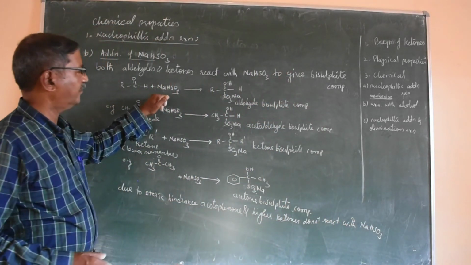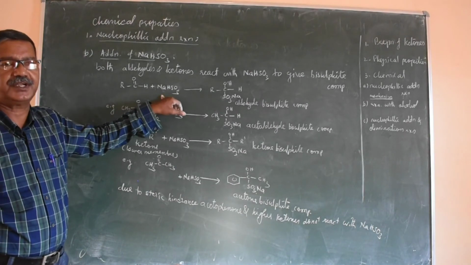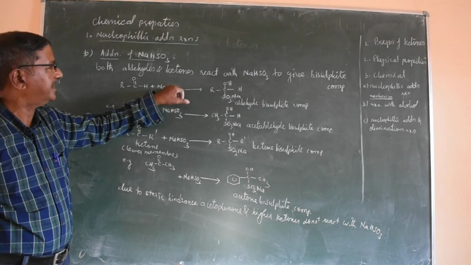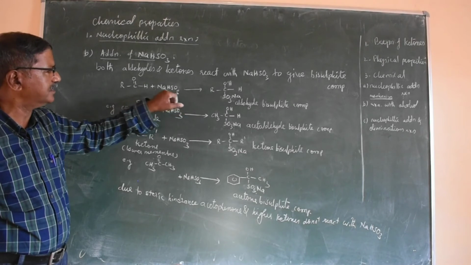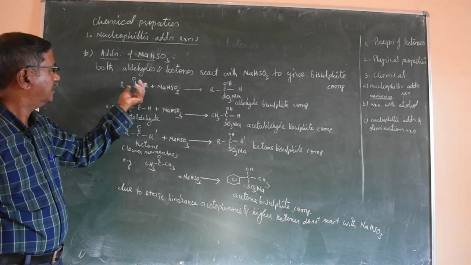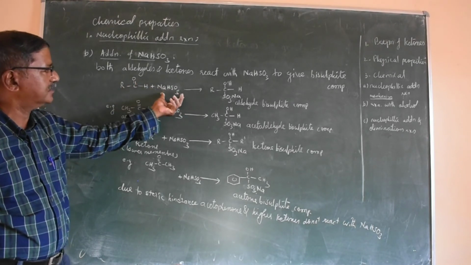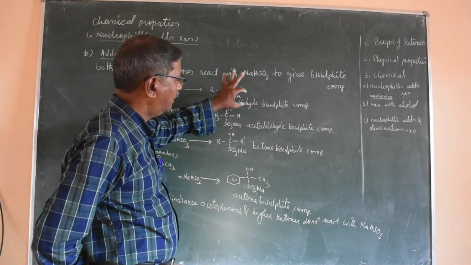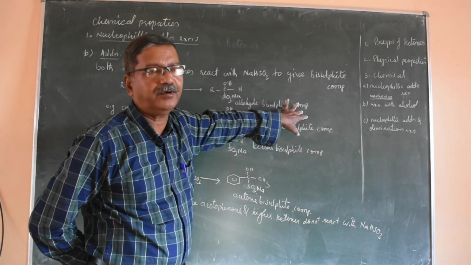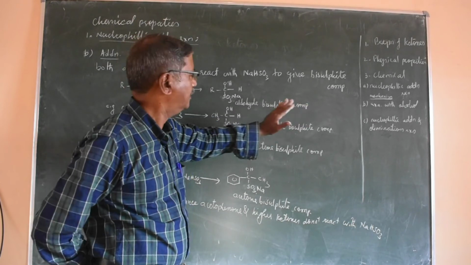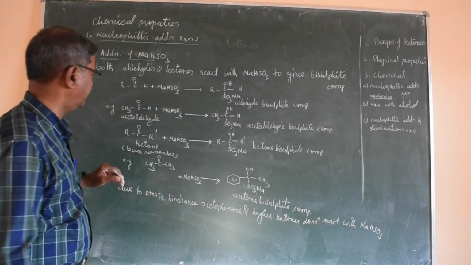Sodium bisulfite formula: sulfite is SO3, sodium, and bi means H; it is also called sodium hydrogen sulfite. So aldehyde with sodium bisulfite gives the aldehyde bisulfite compound, also called the aldehyde sodium bisulfite compound.